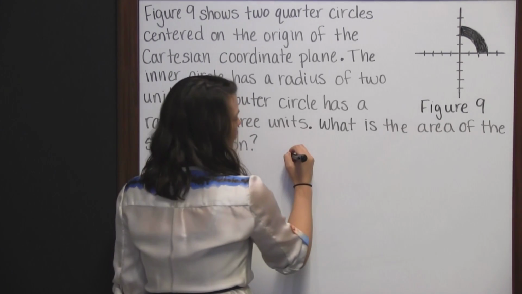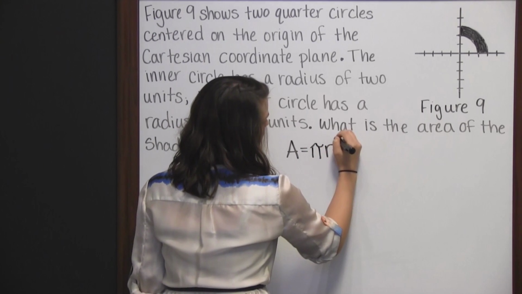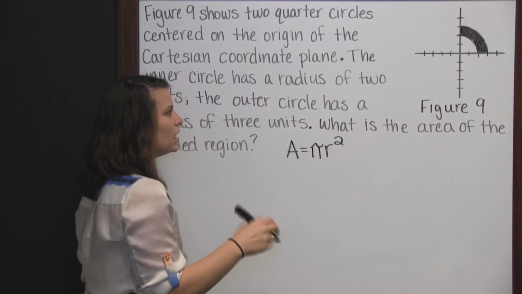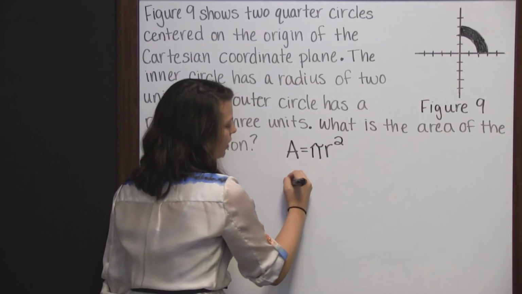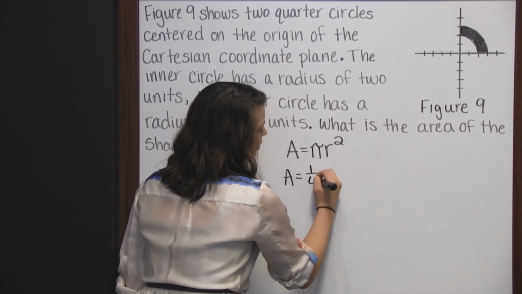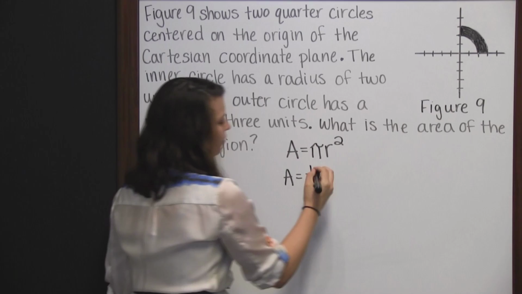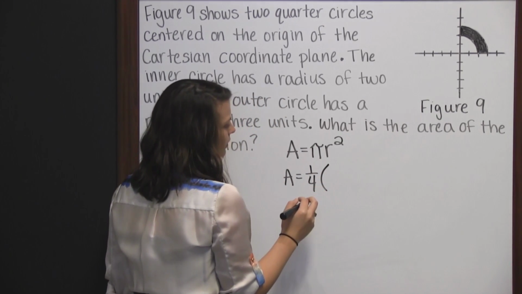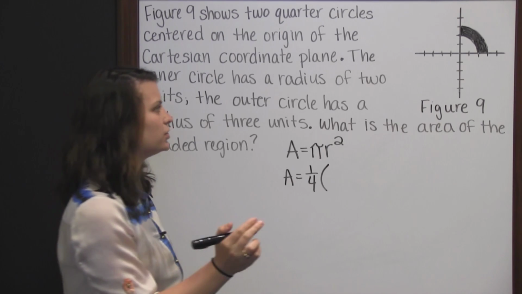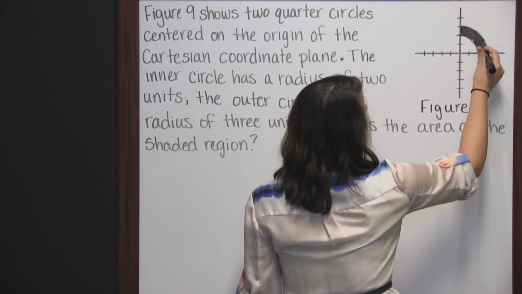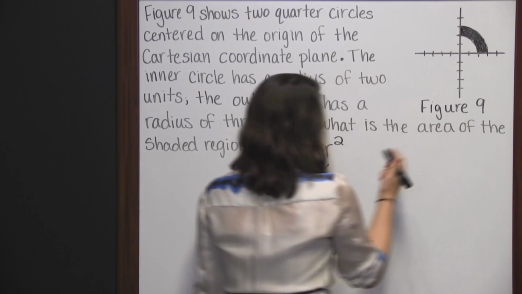So first let's start with what the formula for the area of a circle is. It's pi times radius squared. As we discussed though, this is only a quarter of these circles, so our area is a quarter of the area of these circles. And then we need to find the area of just the part between those 2 circles. So that would be the area of the large circle minus the area of the small circle.